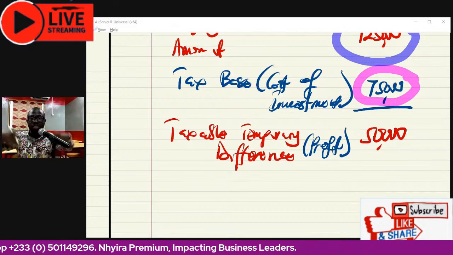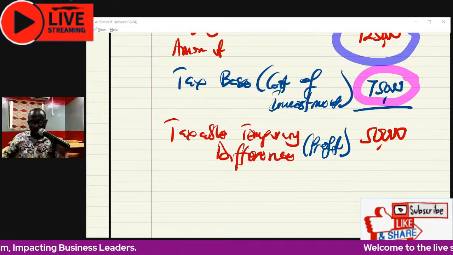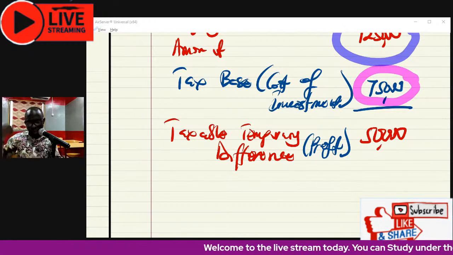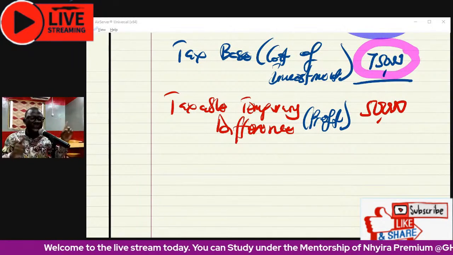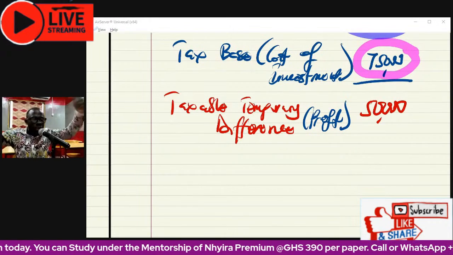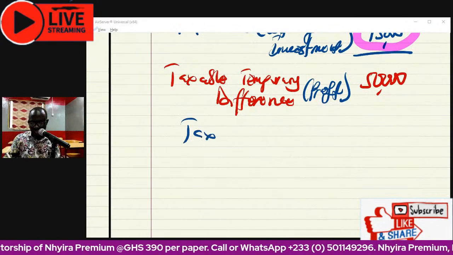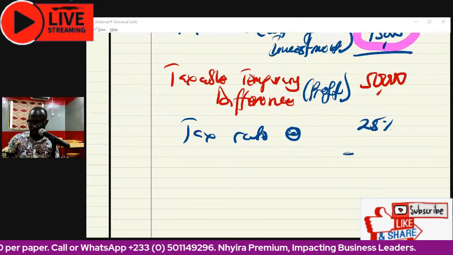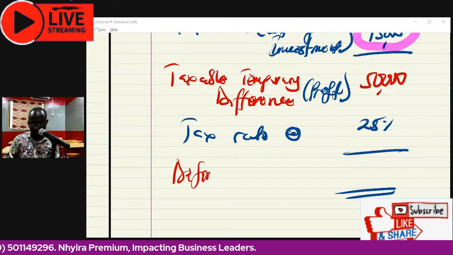We don't know. Are you selling it? No. But because the carrying amount is greater than the tax base of the investment, it results in a taxable temporary difference. So IAS 12 states that you provide for the future tax you are likely to pay on this 50,000. So we bring in the tax rate, which is 25%, and that gives us the deferred tax liability.